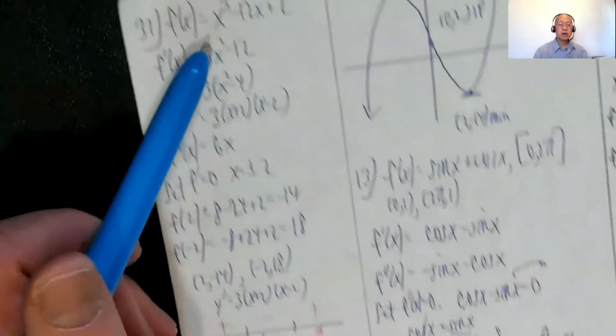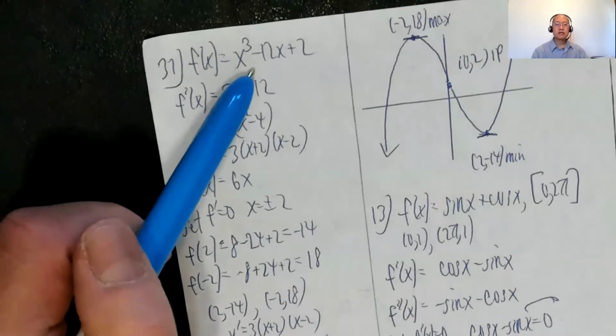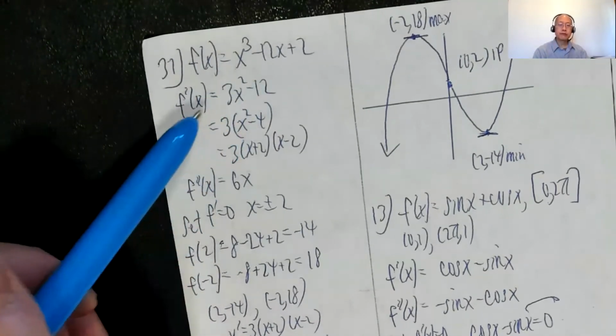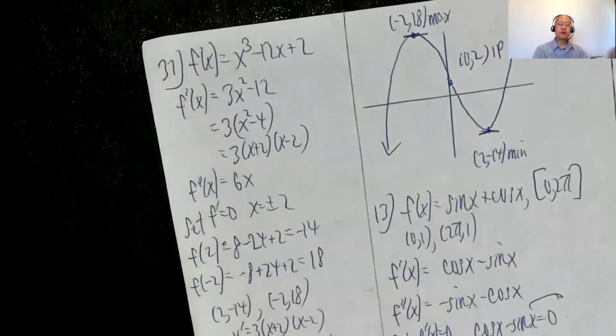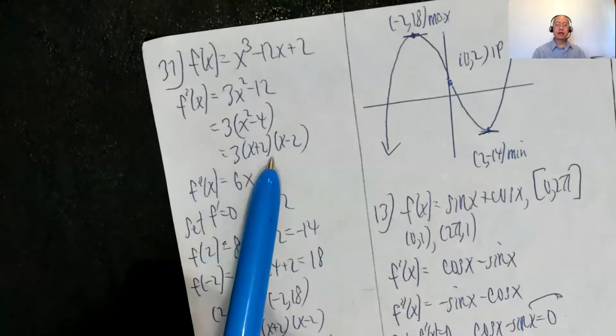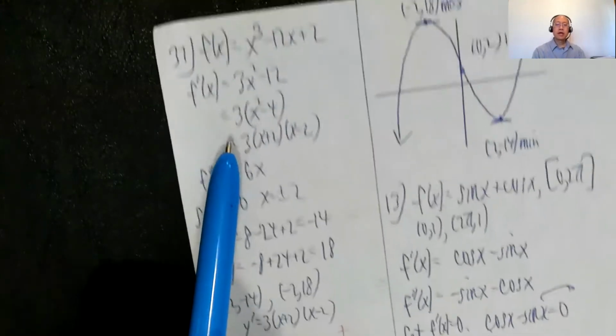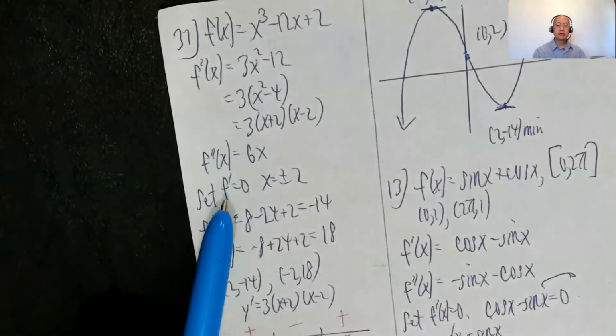Jumping ahead to problem 37, we'll do several of this type. x cubed minus 12x plus 2. Take two derivatives. f prime is 3x squared minus 12, which is 3 times (x squared minus 4), or 3 times (x plus 2)(x minus 2). f double prime is 6x.